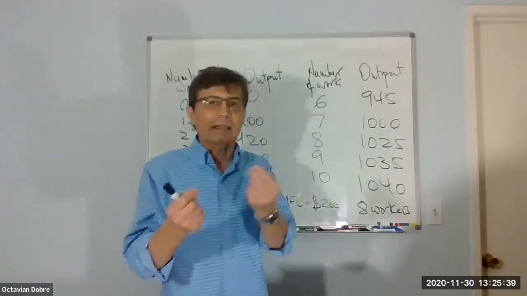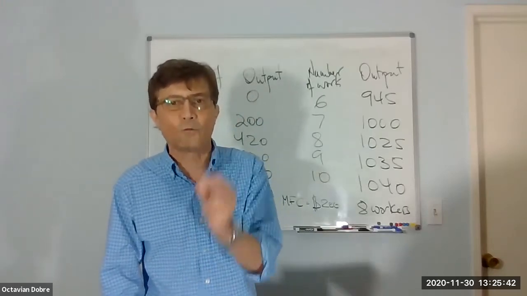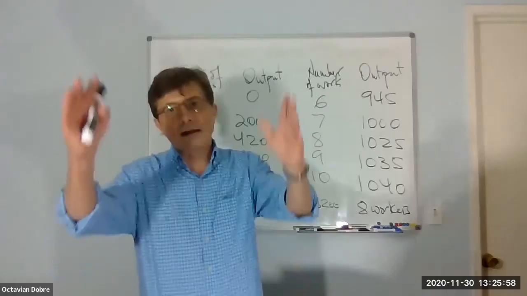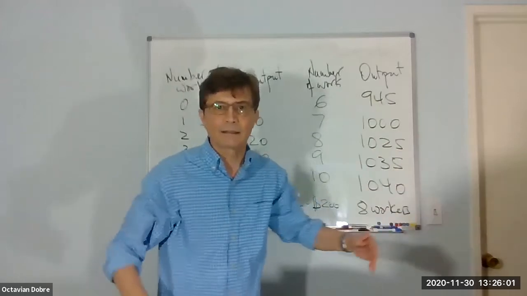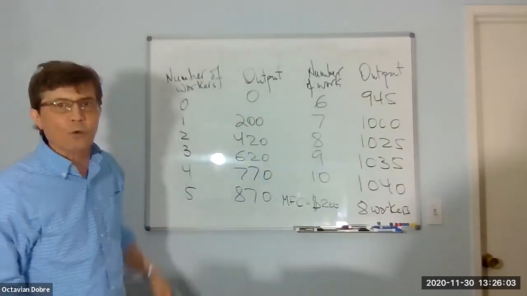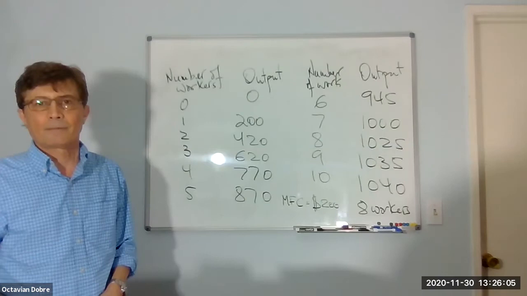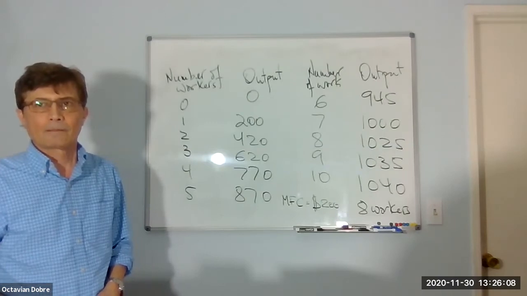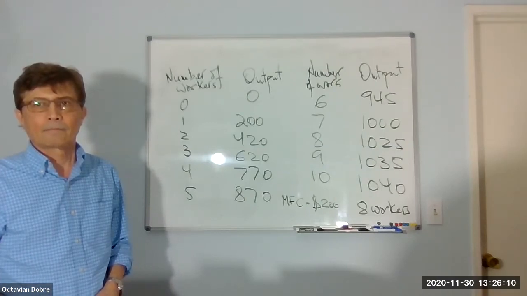Can anybody tell me how much the 7th worker contributes in terms of units? Okay, let's do it like this. Can you tell me how much the first worker contributes in terms of units? 200.